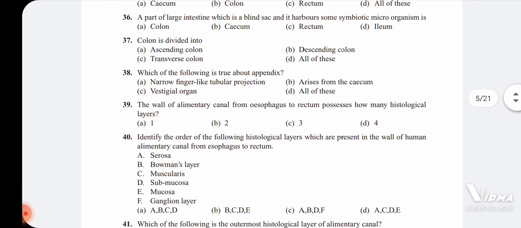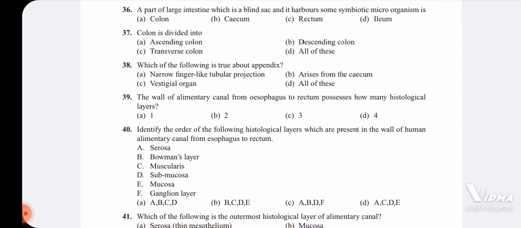Next, 36th question: a part of the large intestine which is a blind sac and harbors some symbiotic microorganisms. Among the options, one is a part of the large intestine that is called the blind sac, and inside that blind sac there are symbiotic microorganisms.